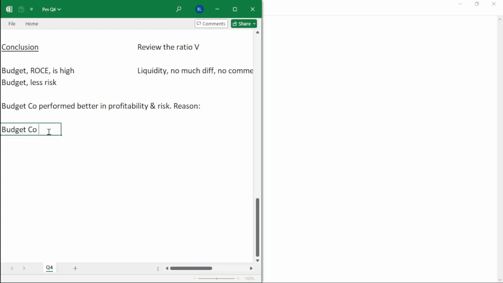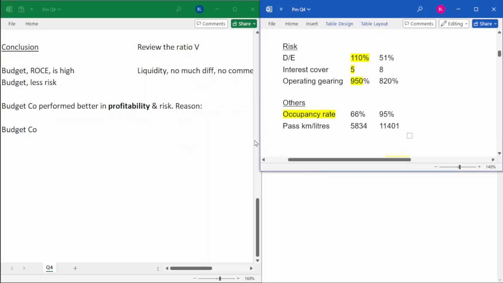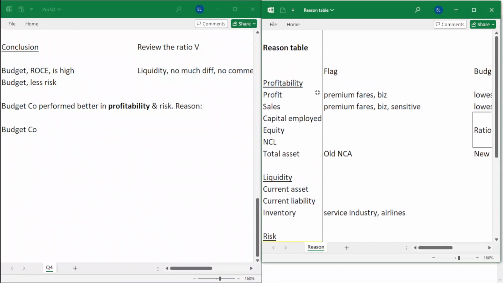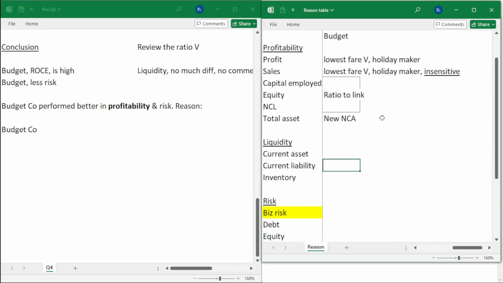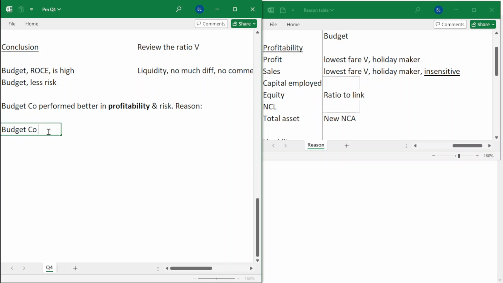The Budgetco. Let's talk about the profitability reason. Go to the reason table, profitability, and then you say budget. Holiday makers we haven't talked about, so maybe you can talk about them. Budget focuses on low fares, so low price, and holiday makers.